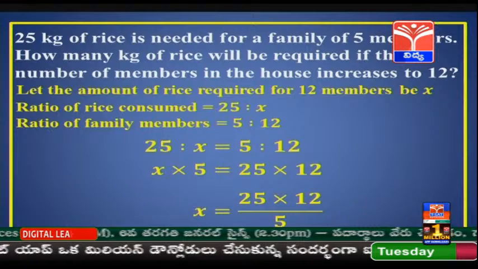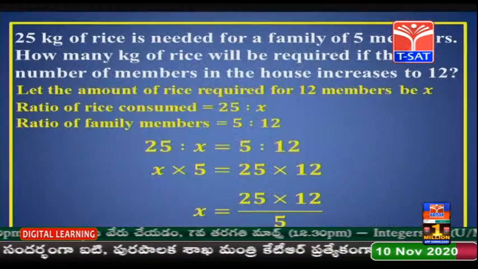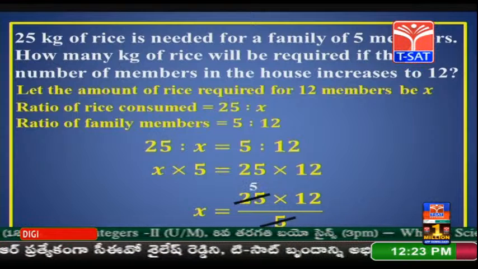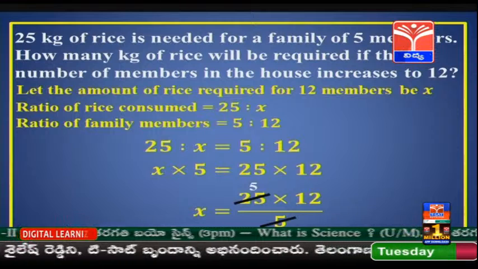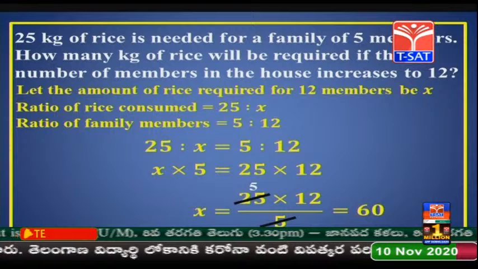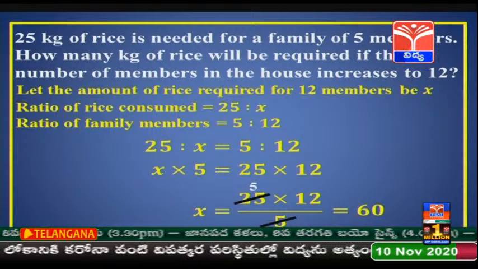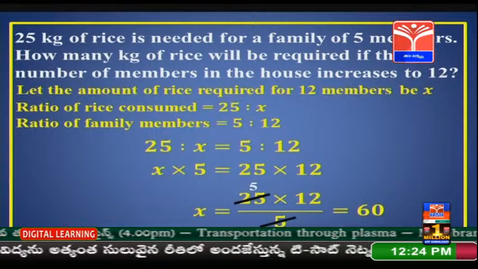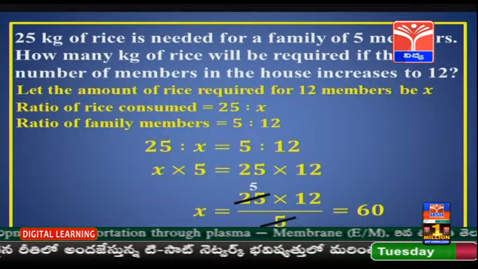Yes, x equals 25 into 12 divided by 5. 5 goes 1 time and in 25 it goes 5 times. So, what is left, children? 5 into 12. What is 5 into 12? Yes, 60. That means, how much rice is required, children? Yes, we need 60 kg of rice.